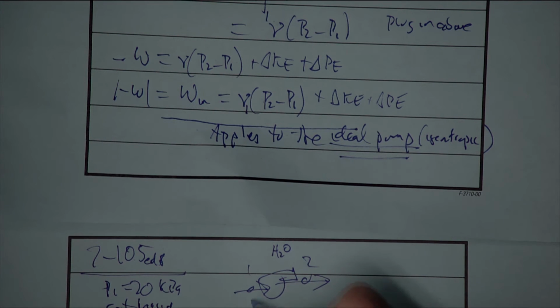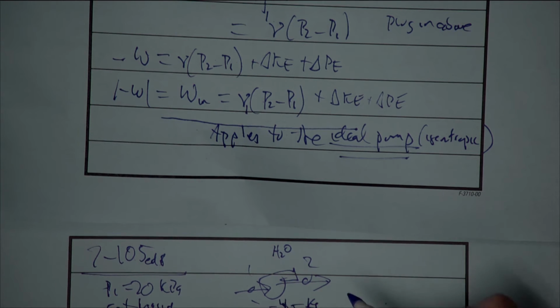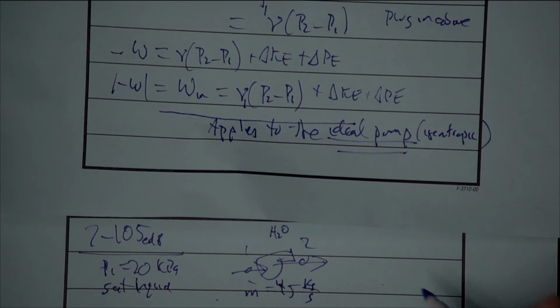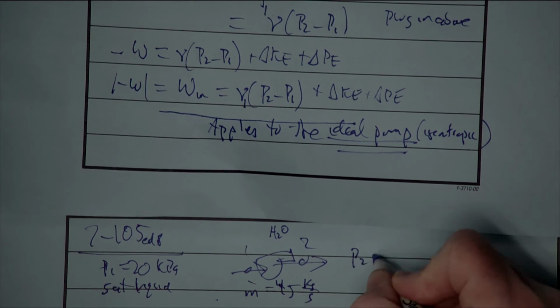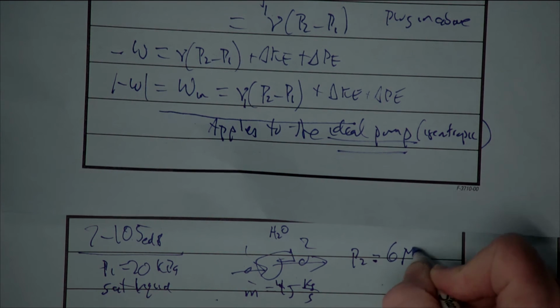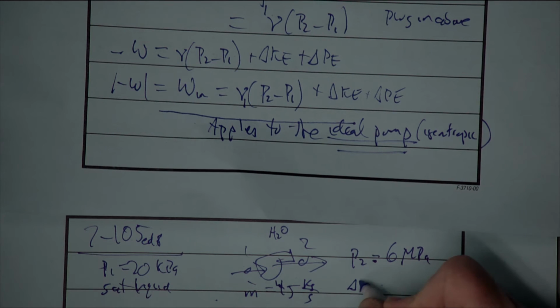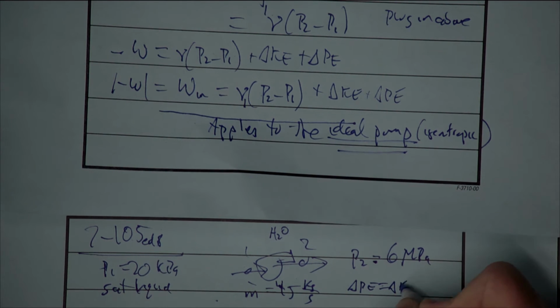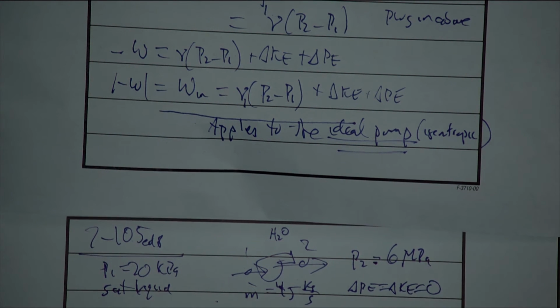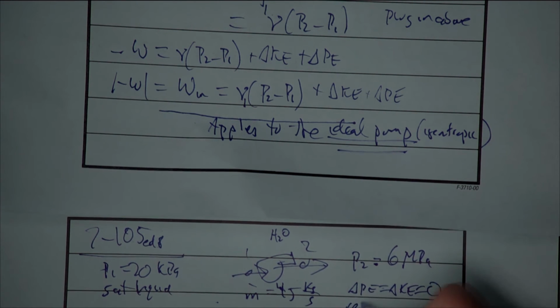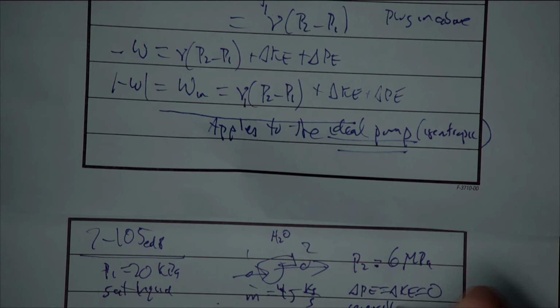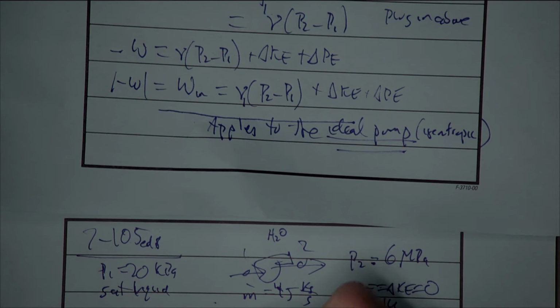And the mass flow rate is 45 kilograms per second. And then the only exit property we know is the pressure, so P2 is 6 megapascals. It tells us we can neglect kinetic and potential energy changes. We'll assume they're both 0. We're told that it's reversible. And we're trying to find the power input.